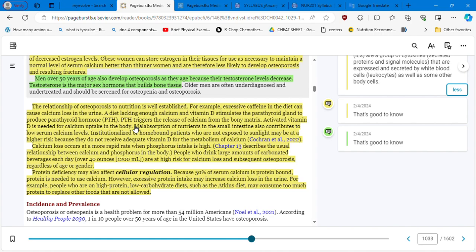Those are causing problems of malabsorption. So anything you eat is going to be a waste because you are not absorbing.